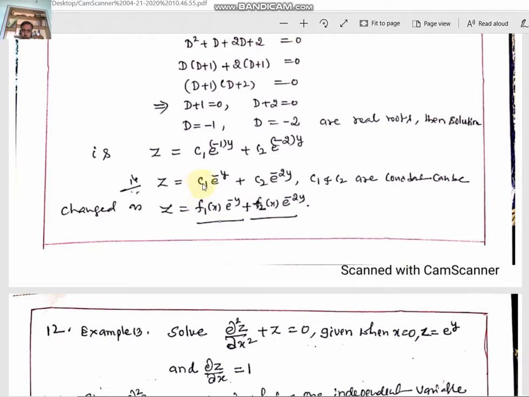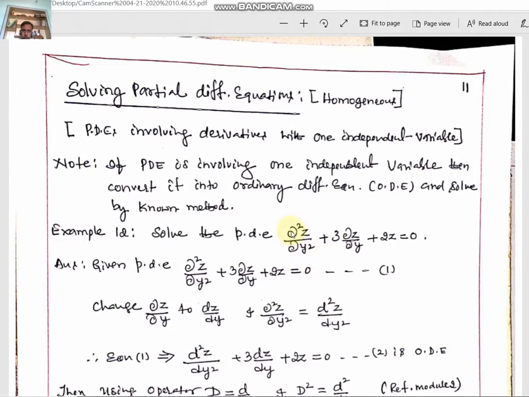Therefore c1 is replaced by f1(x) and c2 is replaced by f2(x), which are constant functions. Then the final solution will be z = f1(x) e^(-y) + f2(x) e^(-2y). So this becomes the solution of the homogeneous partial differential equation.